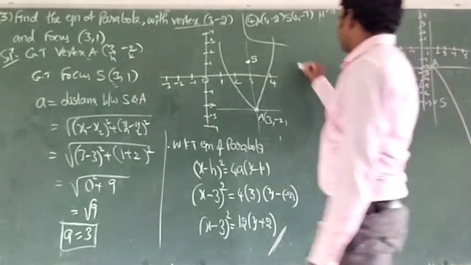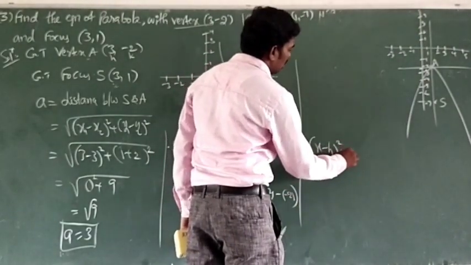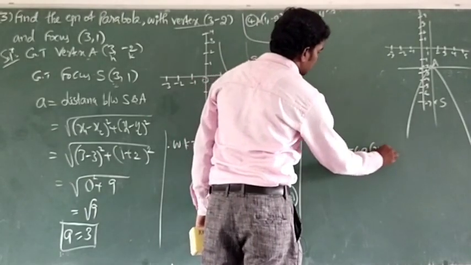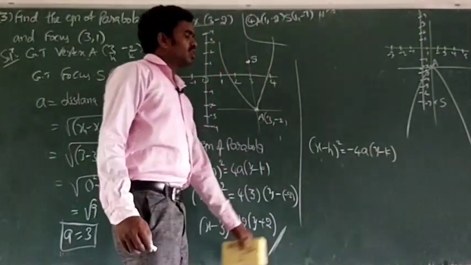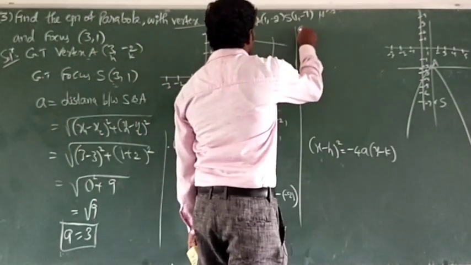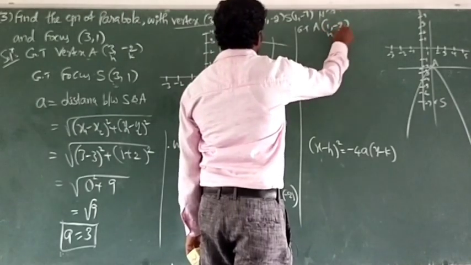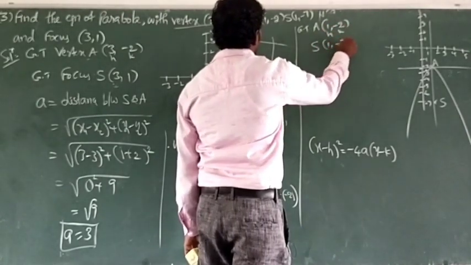For this, (x minus h) whole square equal to minus 4a into (y minus k). So what is h comma k? What is a? We have to find. Given that the vertex is 1 comma minus 2, this is h, k, and the focus is 1 comma minus 7.